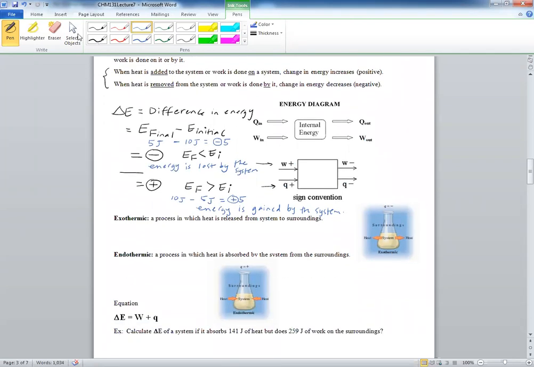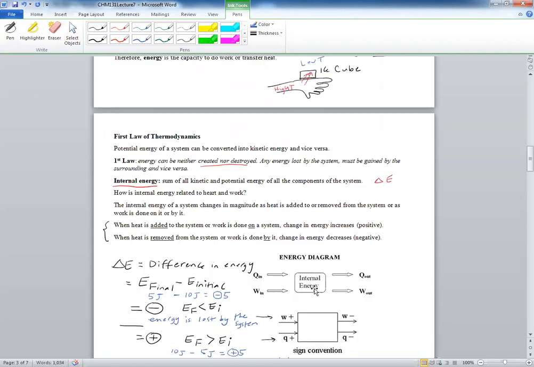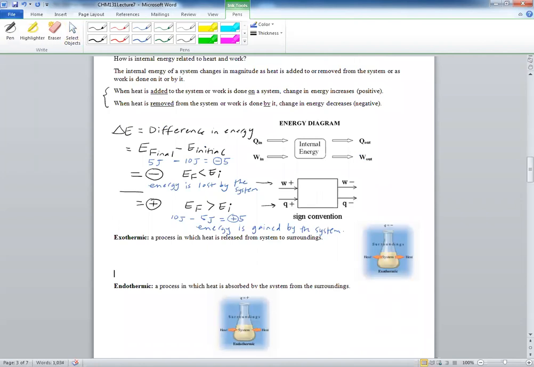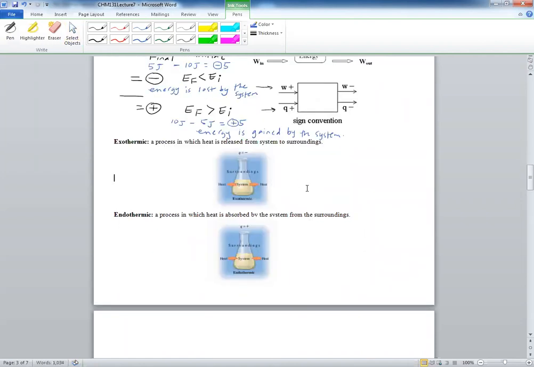Now, to wrap things up before we go on to the next video, we need to talk about two processes here. And these two processes are exothermic and endothermic. So exothermic is a process in which heat, if we just focus on heat, heat out, that's what exo means.